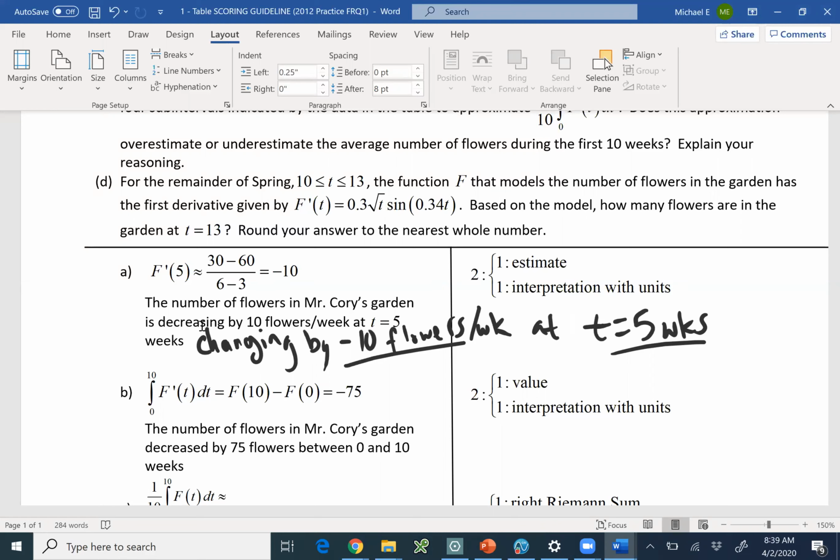Okay, we got 3 different Carloses asking questions. Carlos Vasquez, I think you asked, what if we just put at t equals 5? If you put the flowers per week and then you just put at time 5, they might give it to you because you had established that the time was in weeks. But I would make sure that we're practicing this way.